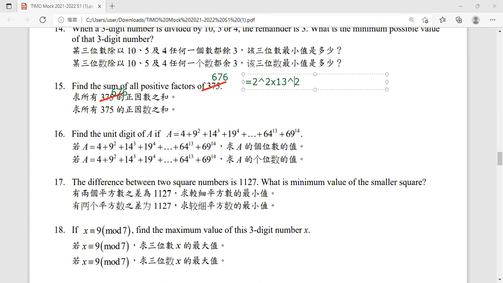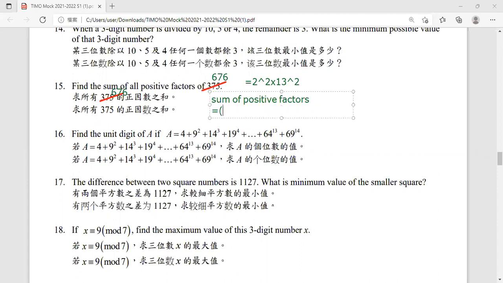I will talk about it later, because some of them don't understand question 15. So if I give you 676 here, and I factorize it as 2 squared times 13 squared, the sum will be what?